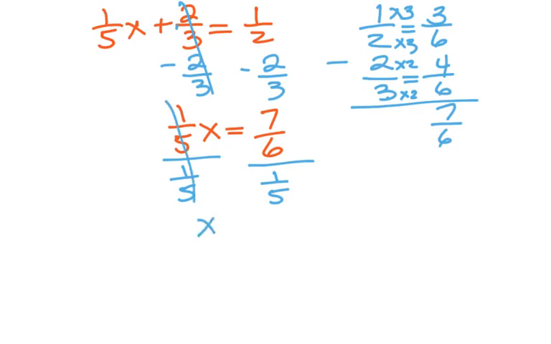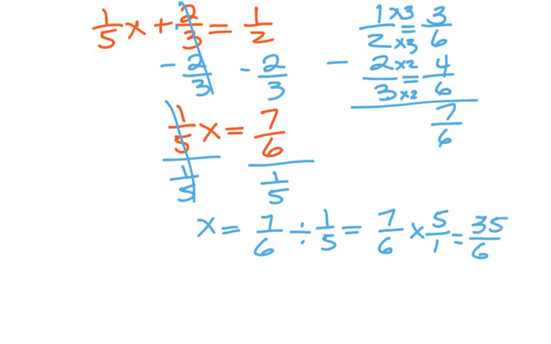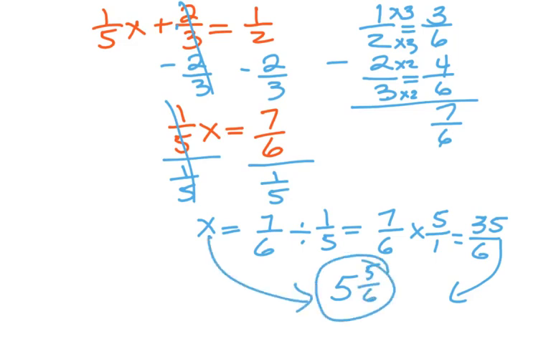So now I have x equals 7/6 divided by 1/5, but I have to change that. 7/6 times 5/1 is 35/6. 6 goes into 35 5 times, with a remainder of 5. 5 and 5/6. So my answer is, I hope you write it better than I did, 5 and 5/6.